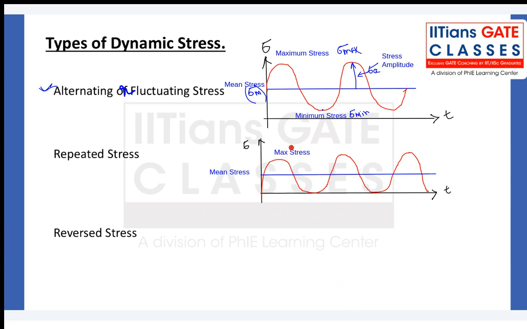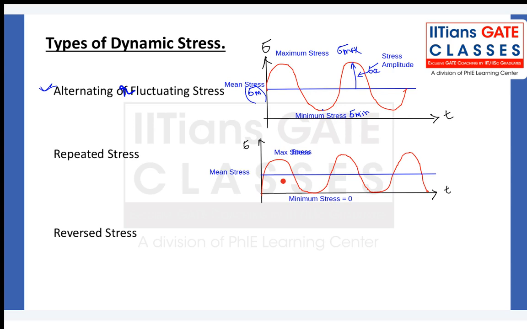And you'll have the minimum stress. We can see the value of minimum stress is equal to 0. When the minimum stress is 0, we call it repeated stress.